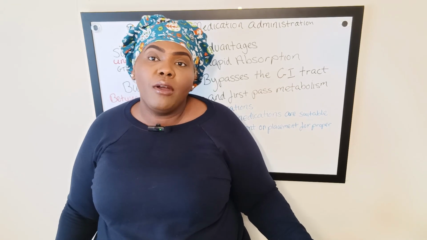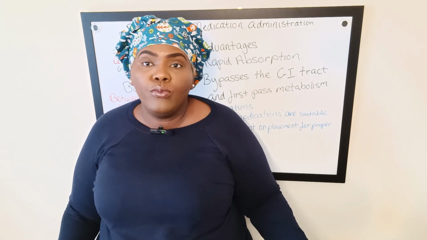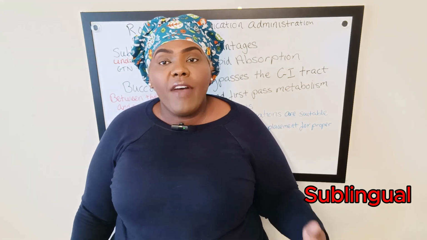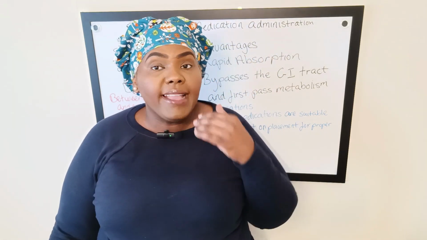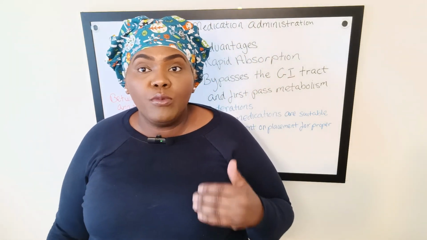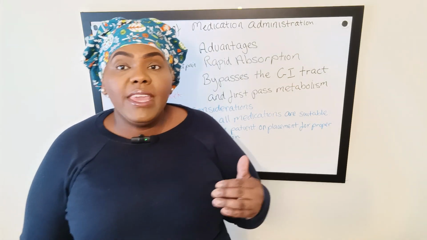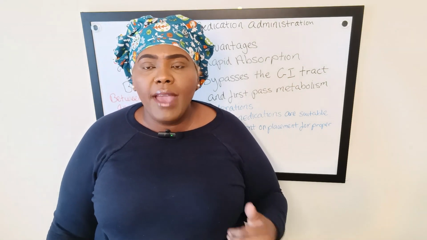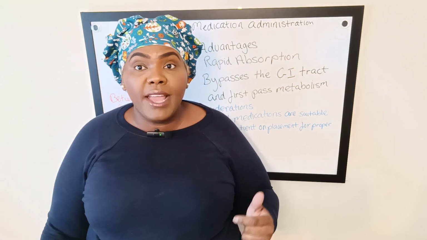So we just talked about oral medication. The next route we have is sublingual medication. We give sublingual medication by putting the medication under the tongue. Yes, we put medication under a patient's tongue and it melts. One example of that would be nitroglycerin. We give nitroglycerin when a patient is having chest pain. Now, what do we know about when we have a patient with chest pain and we are giving them nitroglycerin? It means we need rapid absorption.